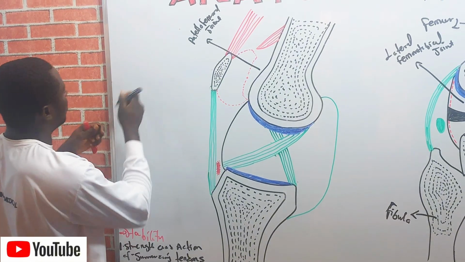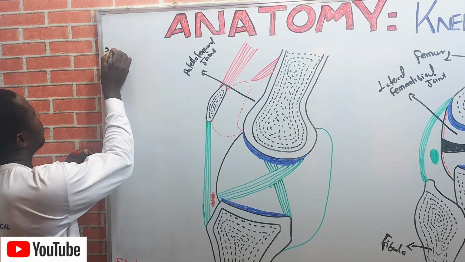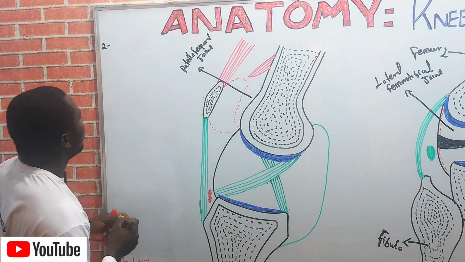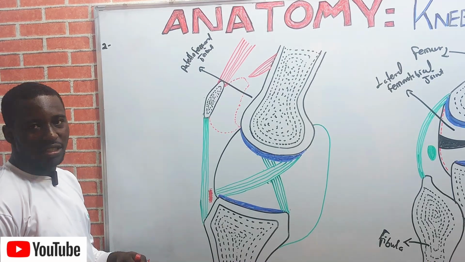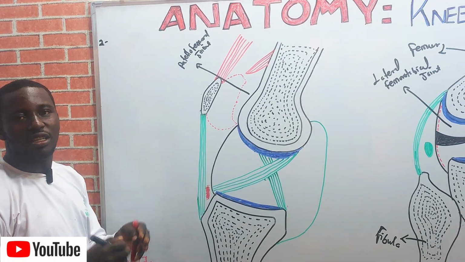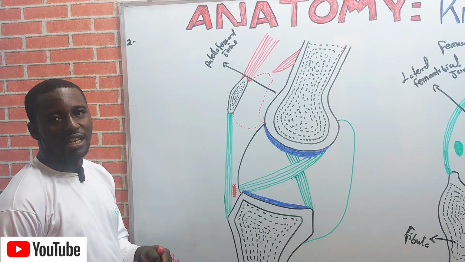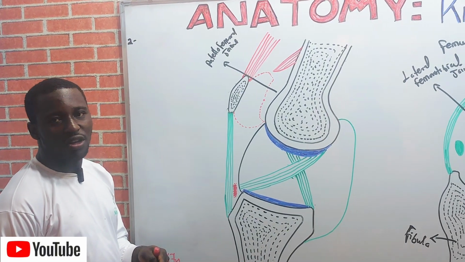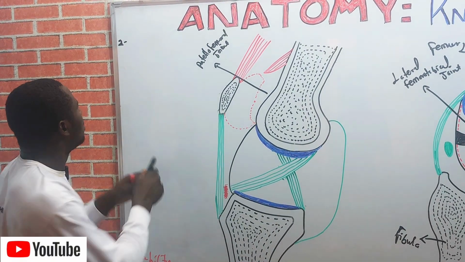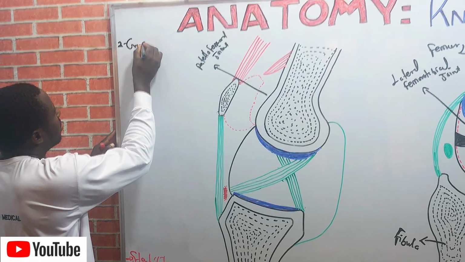Now, the next stability, number two, is the cruciate ligament.